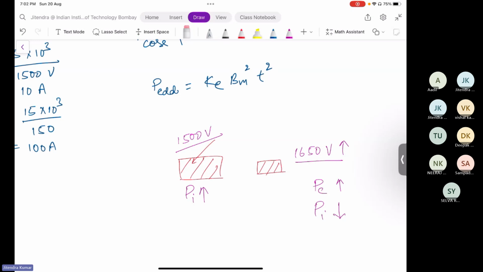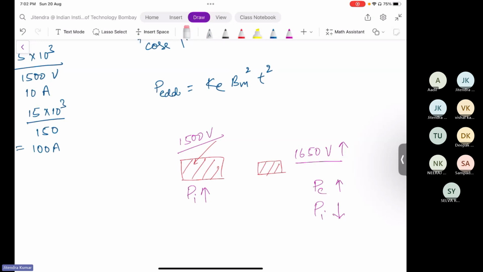But another factor you are missing out here: your flux density, because of 1650 and a smaller section of area, the maximum flux density in this portion will be highly dense compared to this portion. Not just because of this voltage we have considered, but the other factor is you have a smaller portion and you have even higher flux, then this material will be highly saturated, and as you enter into the saturation region, even a very small amount of voltage will lead to very high iron losses.